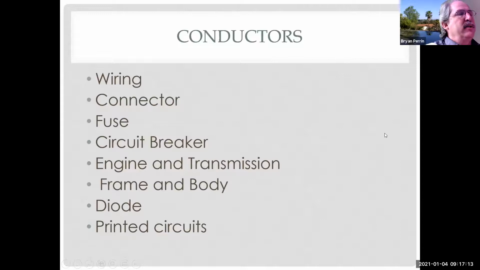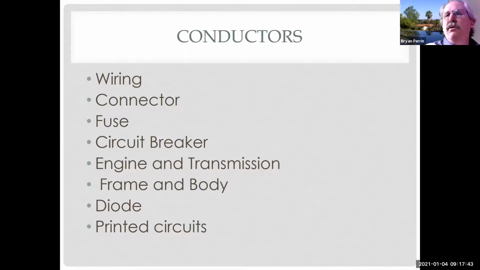So conductors, and I just listed some here: wiring, a connector, a fuse, a circuit breaker, which is normally self-resetting, so it's a fancy fuse. How about the engine and the transmission? They're conductors, big pieces of metal. Metal conducts electricity. The frame and body, more big pieces of metal that conduct electricity.